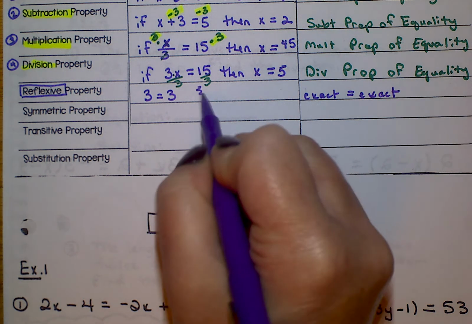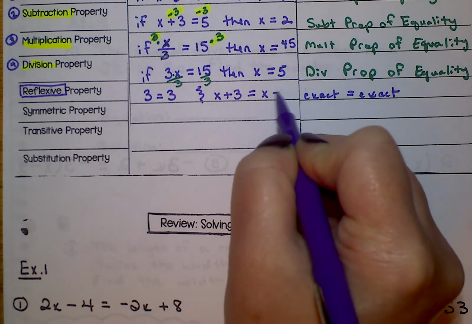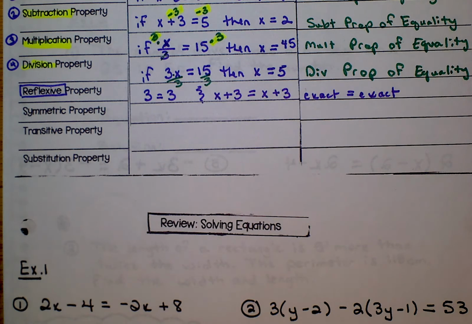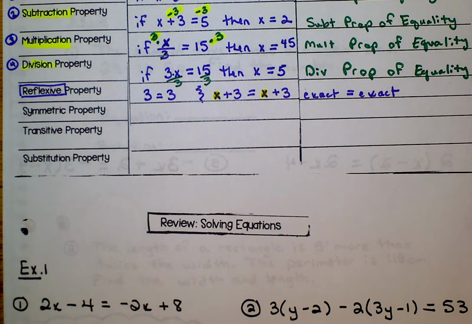So you could have what's called an identity in equations, which means you have the exact same things set equal to each other. So if you think about that and you're trying to figure out what your x is, well, if you take that x and you add 3 to it, you'd do the same thing on the opposite side.